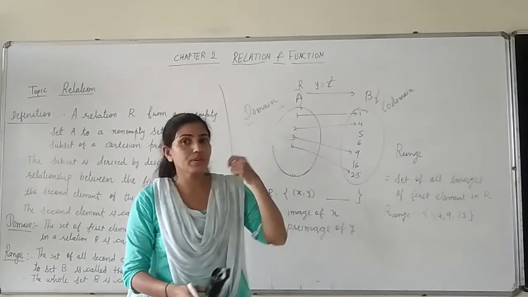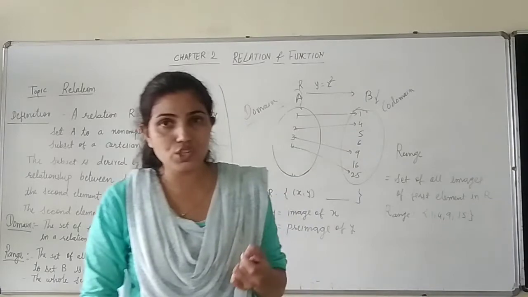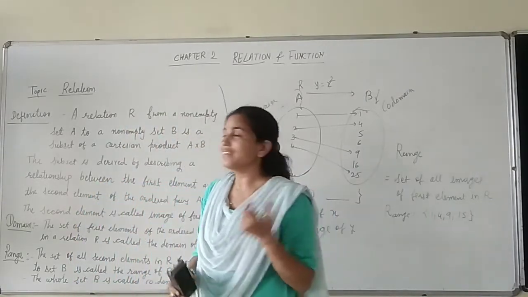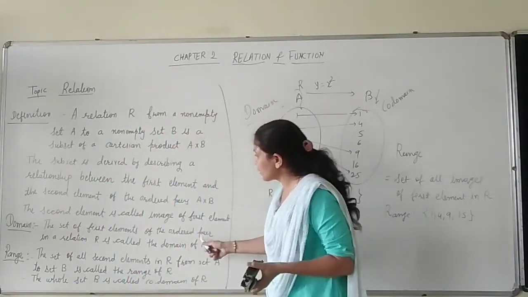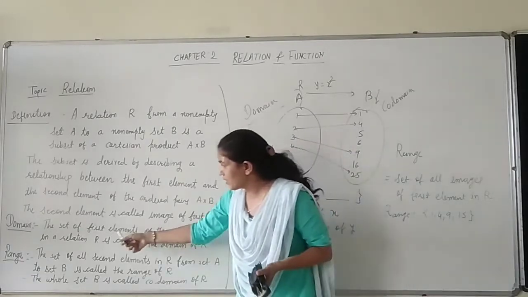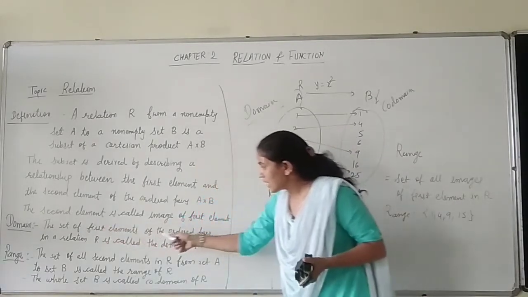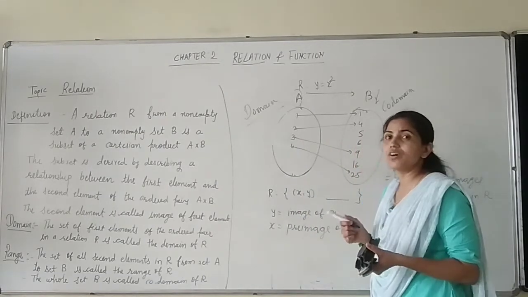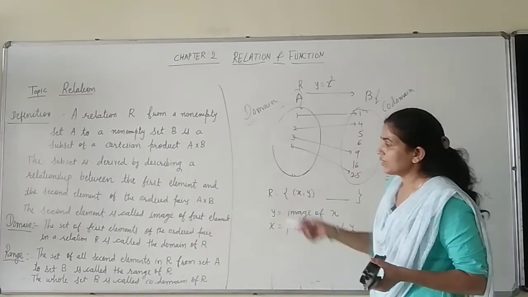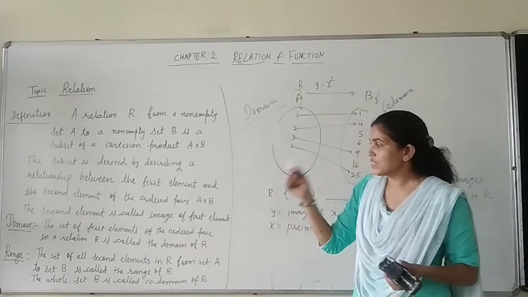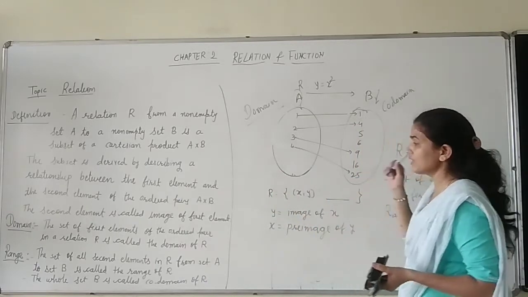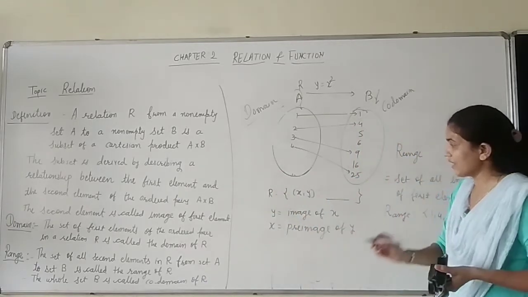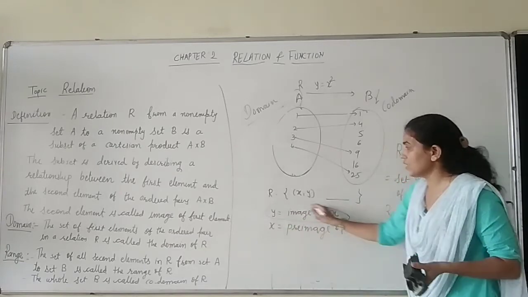So students, today we will see only till here: what is the relation, what is domain and codomain. So what is the domain? You can see the definition. The set of first elements of the ordered pairs in the relation R is called the domain of R. Then range. Range is the set of all the second elements. What is the second element, Y? Images.